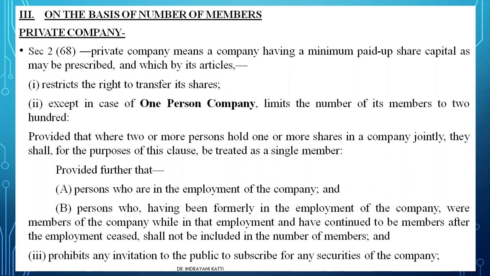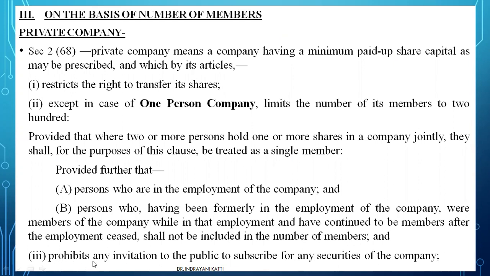ESOP, you might have heard of it. Employees will get the shares from the company in that. Instead of getting the bonus in the form of cash, some companies distribute shares to them. But the employees of such a company cannot be treated as members, whether they are in the employment or out of the employment. If they hold such shares, they are not called members.